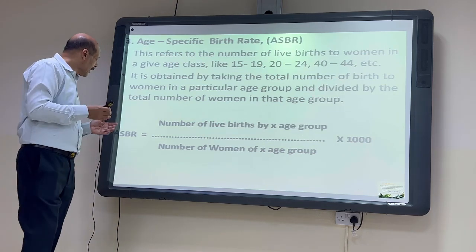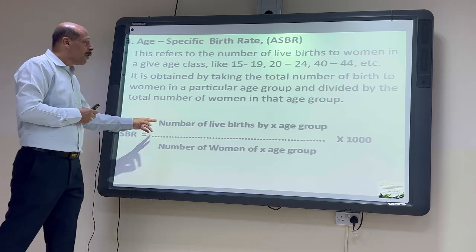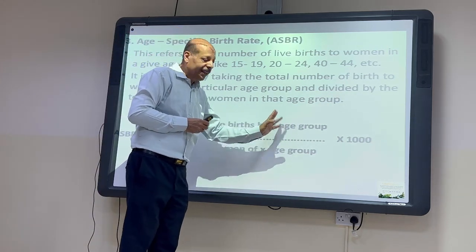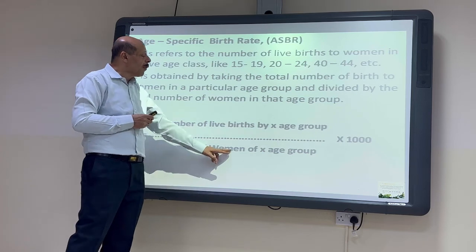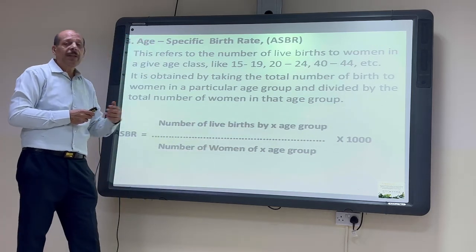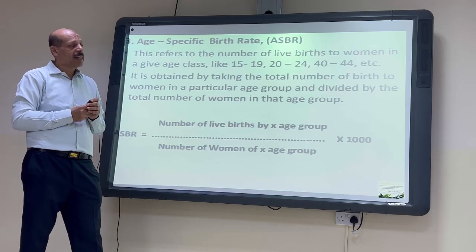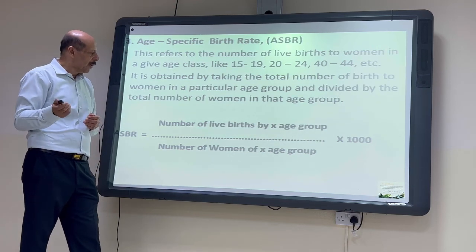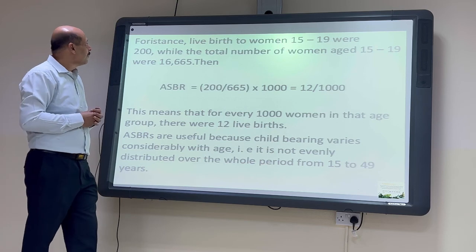So the age-specific rate is the number of live births in that age group divided by the number of women of the same age group, multiplied by 1,000. By that we will get that rate.